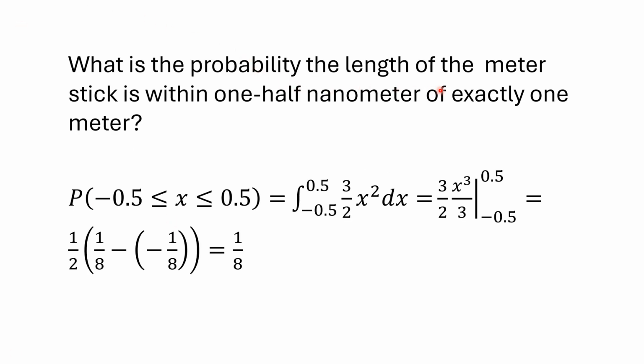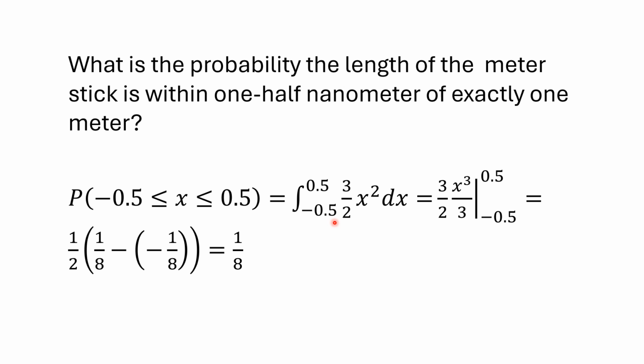What is the probability the length of the meter stick is within 1/2 nanometer of exactly 1 meter? Well, this is a half less to a half greater than exactly 1 meter.